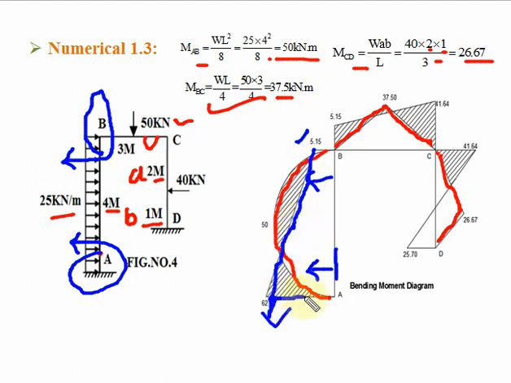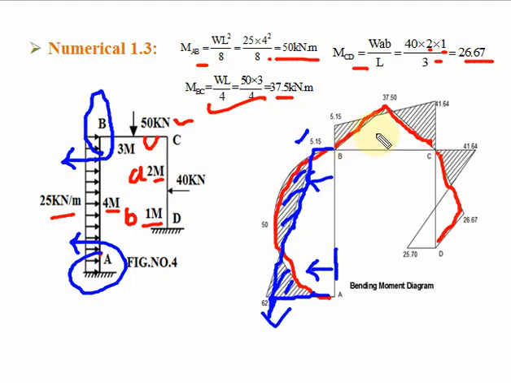So you will get your bending moment for the end moment. Okay. So the portion which is overlap, you keep as it is, and the portion that is not overlap, you make it a hatch. So this portion is not overlap, so you make it a hatch.